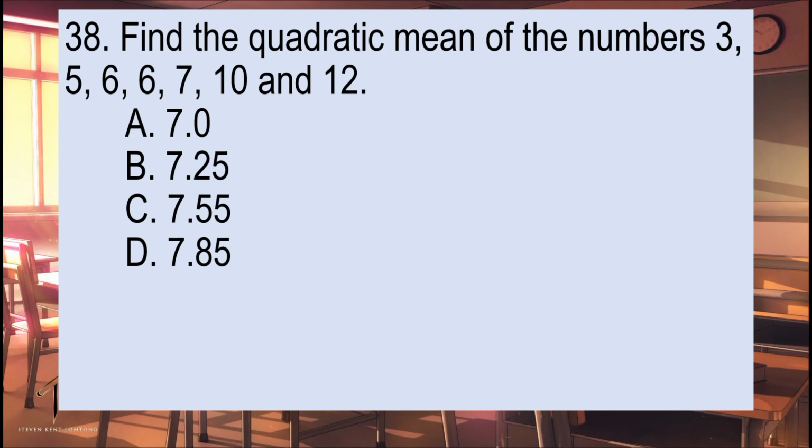Okay, so number 38, find the quadratic mean of the numbers 3, 5, 6, 6, 7, 10, and 12. So our formula for the quadratic mean, that is actually the RMS, equal to the square root of the summation of x squared over n. Okay, it also has a calculator technique. So we will also put it in the table. You can turn the frequency on or not, it's okay.